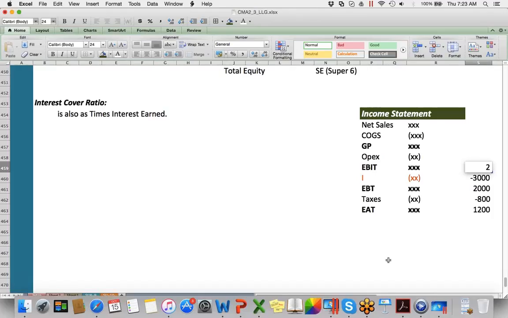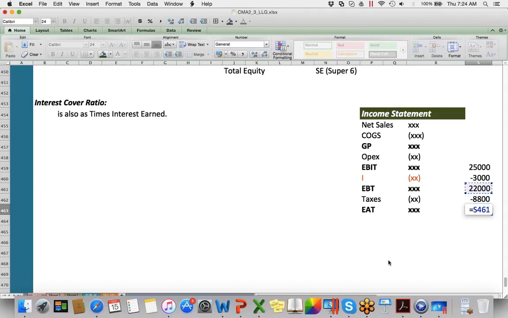But say for example you have 25 million of EBIT, and you are paying an interest of only 3 million. Your profit before tax will be 22 million, and you are paying 40% tax, which is 8.8 million.